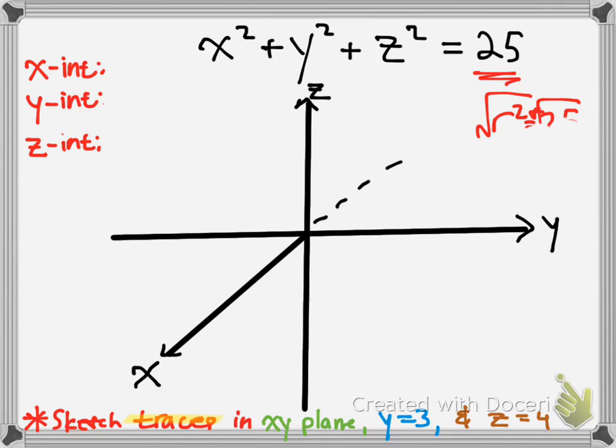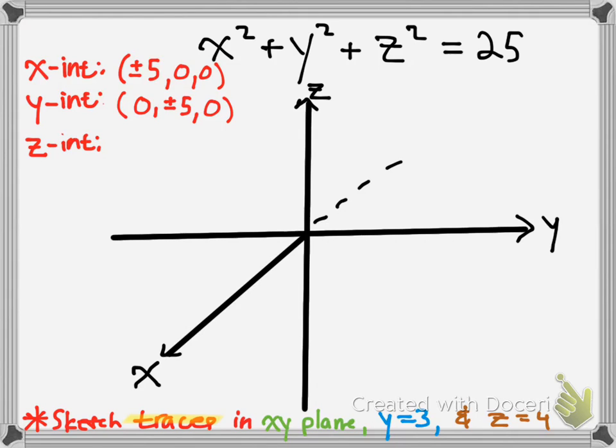So that means all the intercepts for the axes are at the 5 mark on the axis. So the x-intercepts are plus or minus 5, so x is negative 5, x is positive 5, and the rest are 0. The y-intercepts would be at positive and negative 5, and for the z-axis it would be at positive and negative 5 as well.